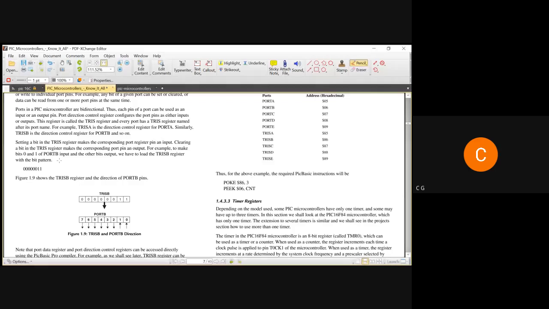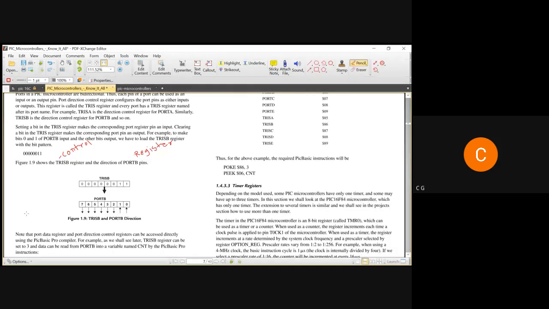This TRIS is acting like a control, and this is, we can say, the register. So the TRIS B register sets the direction of port B pins.